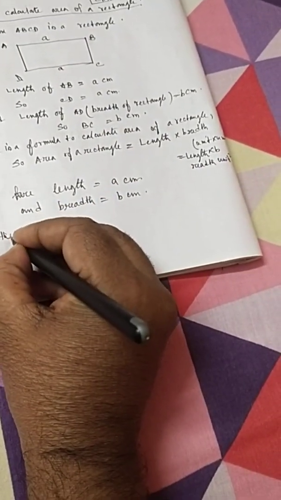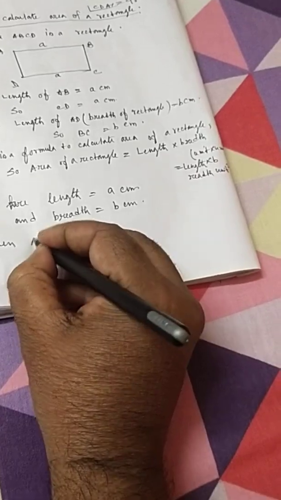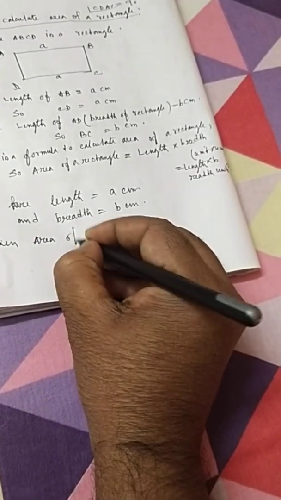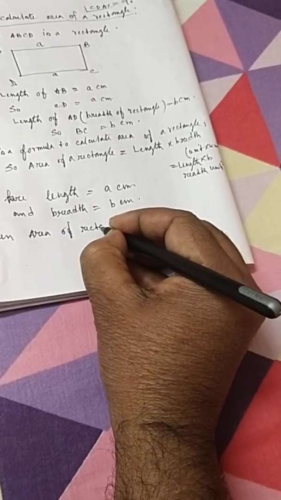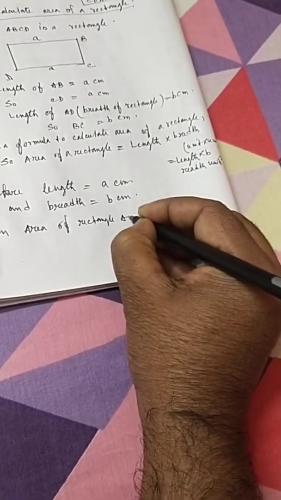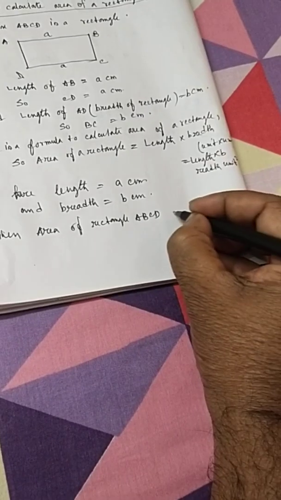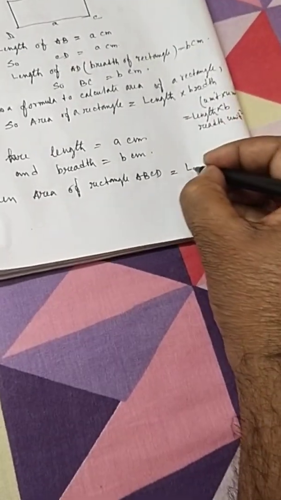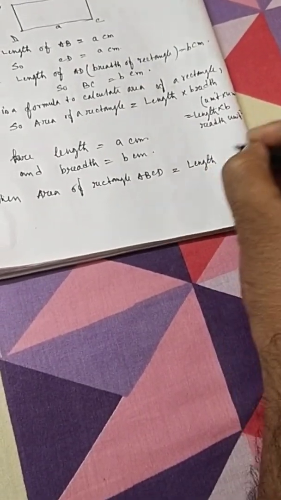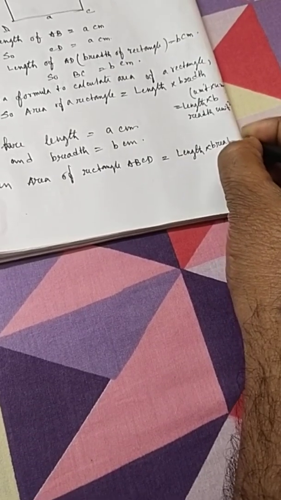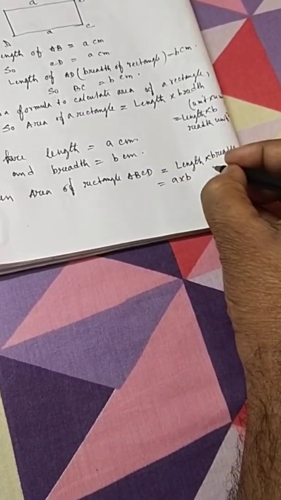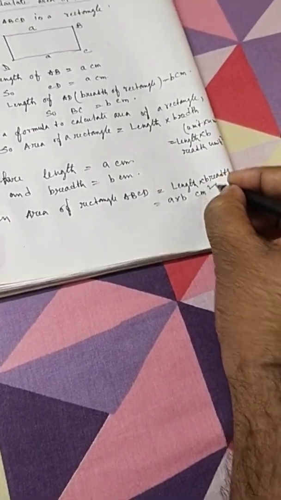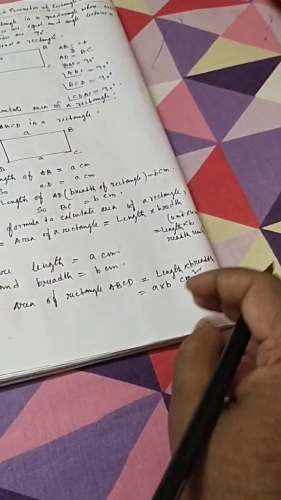Then area of rectangle ABCD equals to length into breadth equal to A into B centimeter square, AB centimeter square.